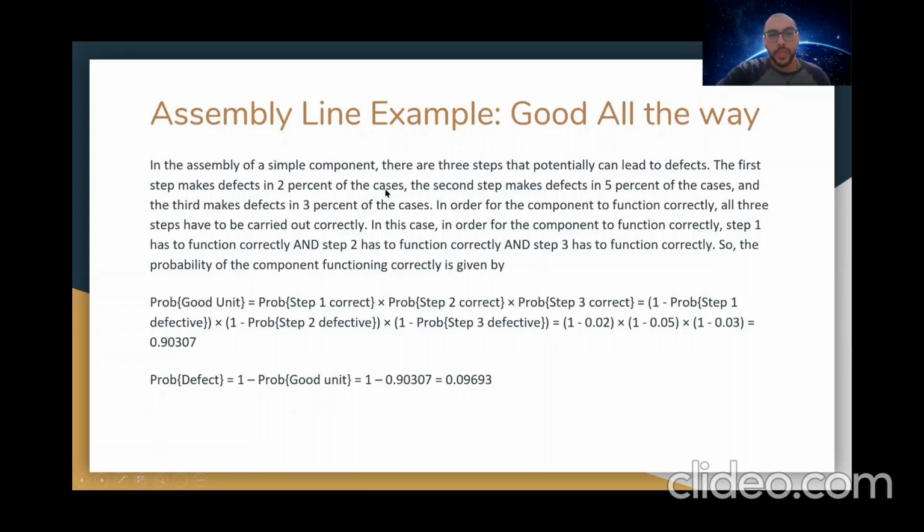And since we are given the probability of the defects, we will simply do 1 minus 2%, 1 minus 5%, 1 minus 3%. And if we do this simple calculation, we will end up with 0.90, which is 90% good unit. And if we want to know the defect probability, we will just do 100% minus the percentage of a good outcome. And we will end up with 0.096.